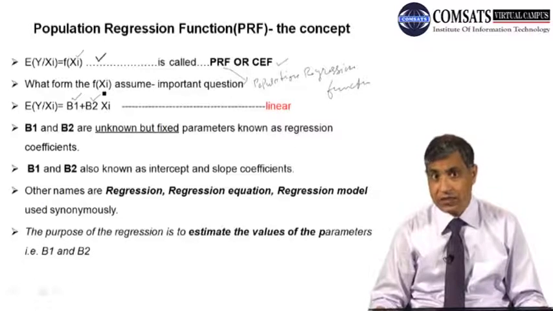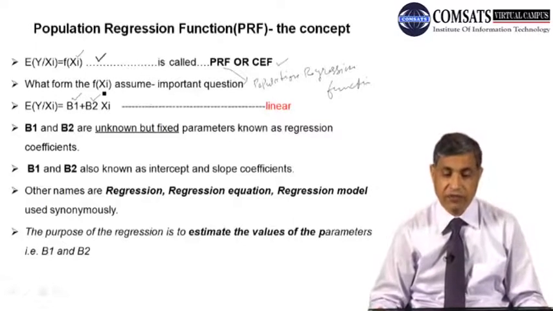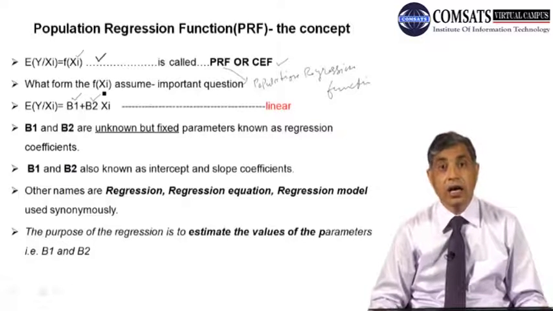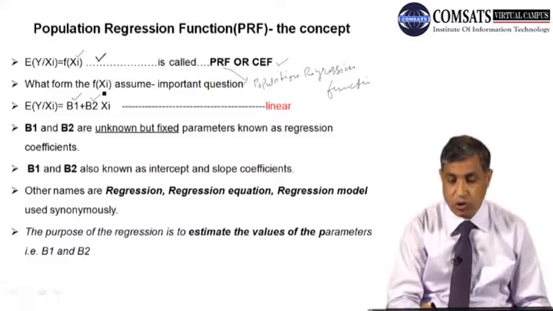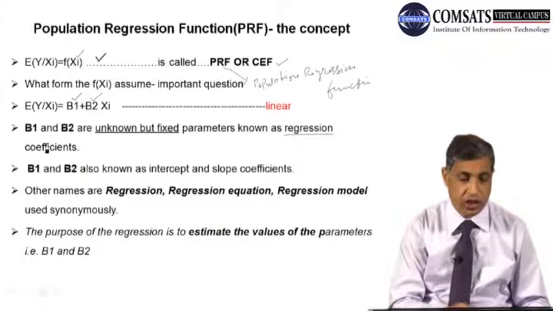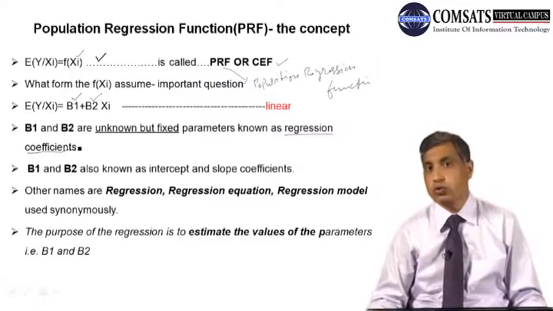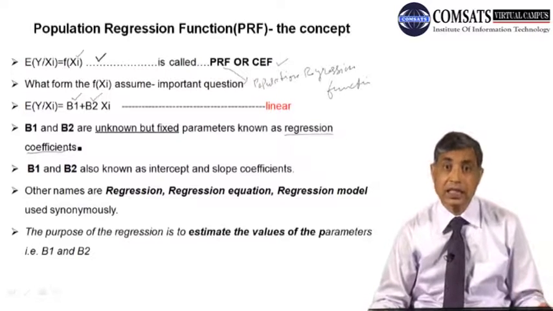These are the parameters, and what is the definition of the parameter? They are unknown, but their values are fixed, and these are also called the regression coefficients. So this is an alternative terminology, so you should not be confused about this. If I say that beta 1 and beta 2 are the parameters, then that is the same thing.